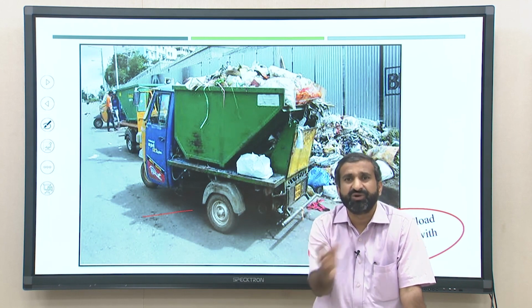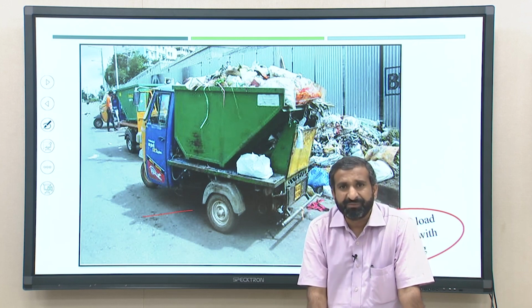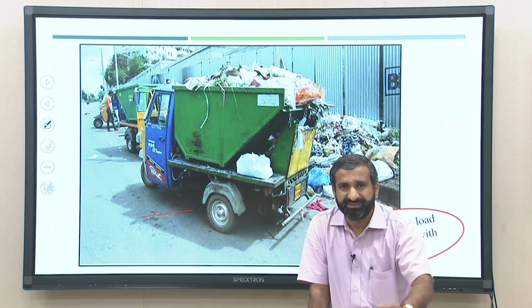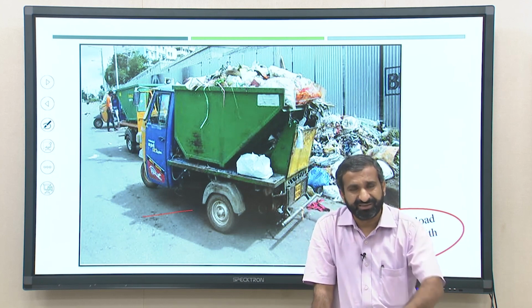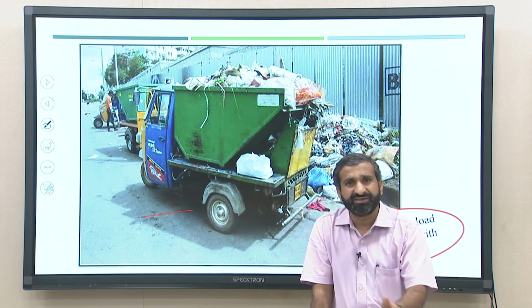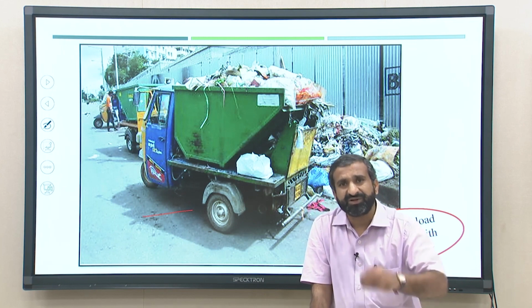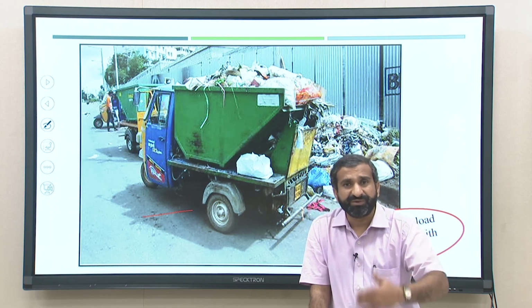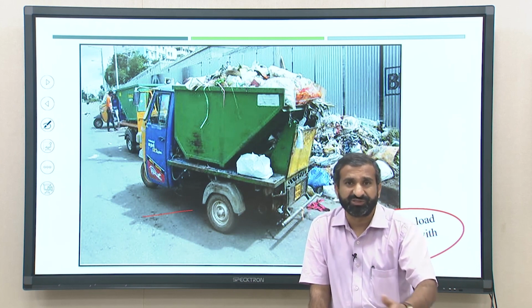So, try to avoid such locations also. These kinds of points change from city to city or urban center to urban center, and have to be finalized by the local authorities or local corporation based on their experience. They can finalize and, from time to time, change the collection routes also.